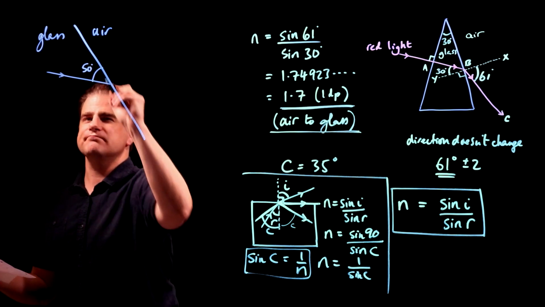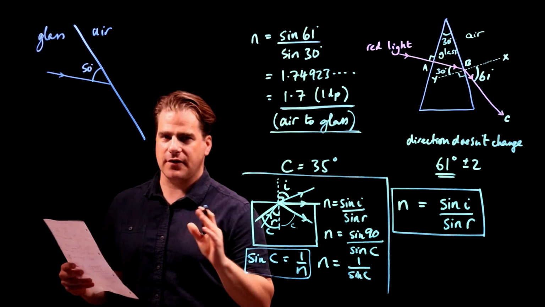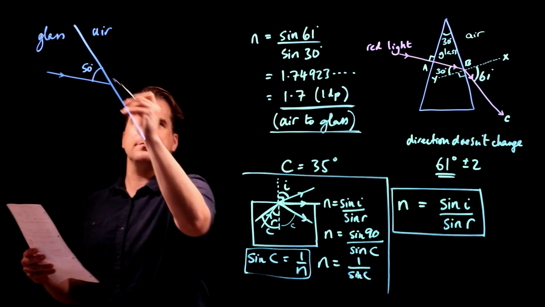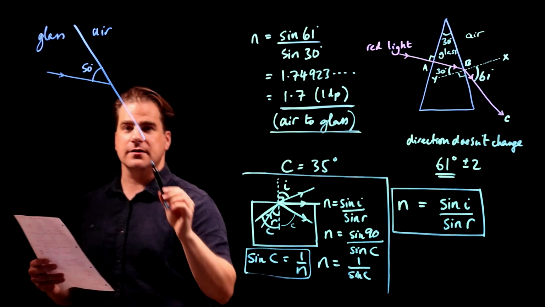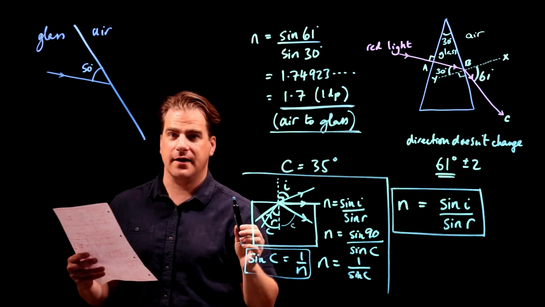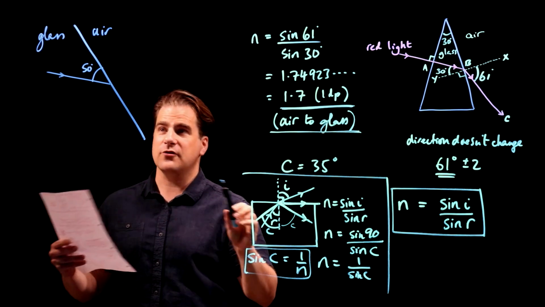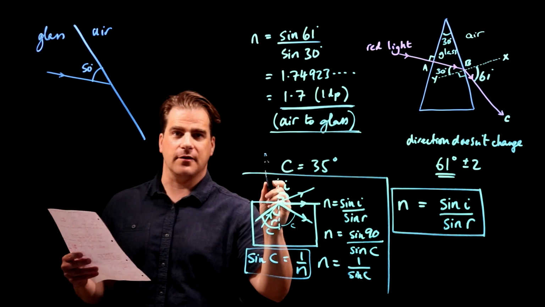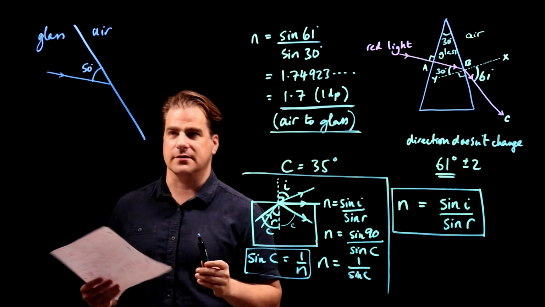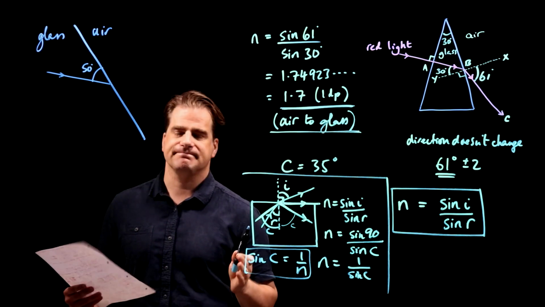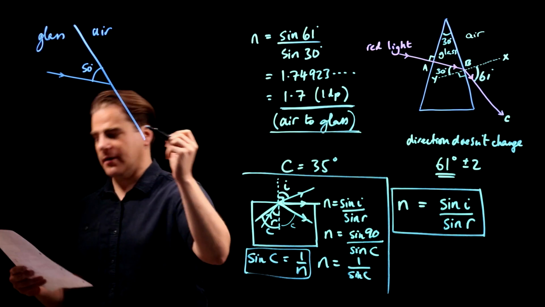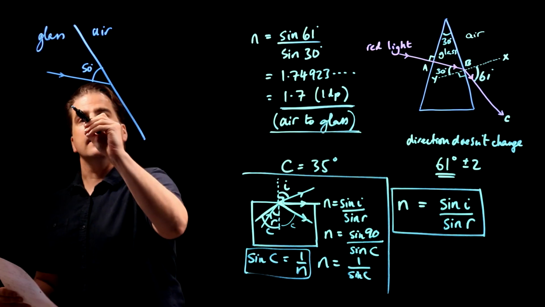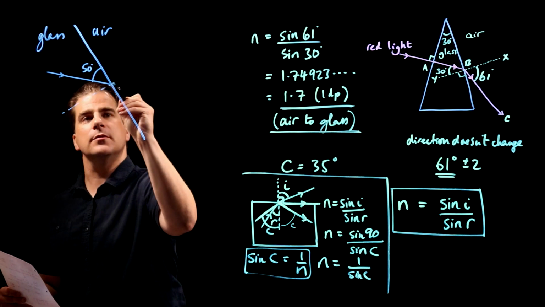Well, take that back. That angle there is 50 degrees, but that's between the ray and the boundary. And what did I say? We're not interested in that angle. We always talk about angles between the normal and the ray. So they're trying to trick you in this question. Normal there.